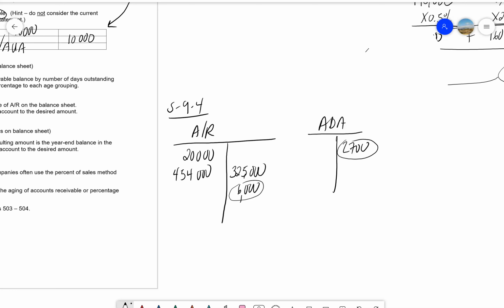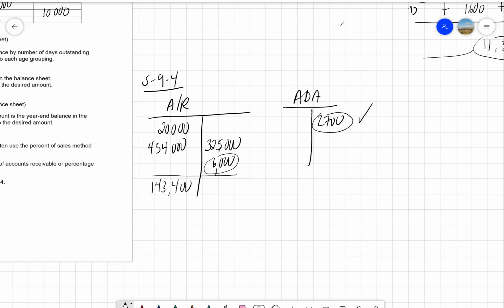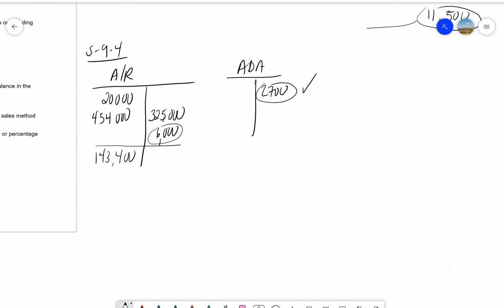We're assuming that that has already been reflected in this $2,700 December 31st balance. So we're saying that at December 31st, the balance in the allowance for doubtful accounts is $2,700, and the balance in accounts receivable, if we work through the math, is $143,400. And now all we have to do is to record the adjusting journal entry for our bad debts expense. And when we use the percentage of accounts receivable method, all we take is the percentage that they've given us.